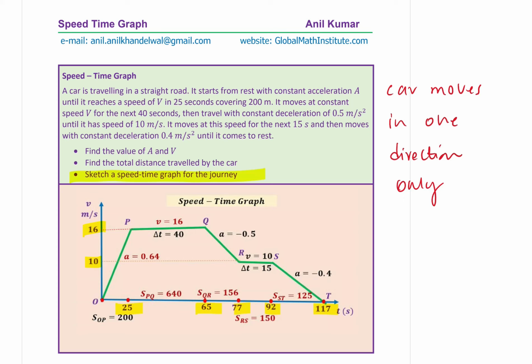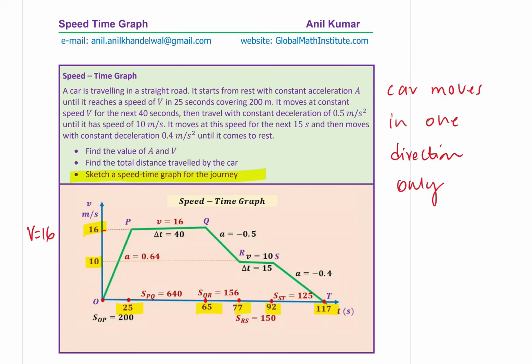So we analyzed in the first case that capital V was equal to 16, and that is how we got this point, and then moved at a constant velocity. Velocity decreased to 10 in this portion, right? So we know that, and then it decreased to 0. So we know the velocities.